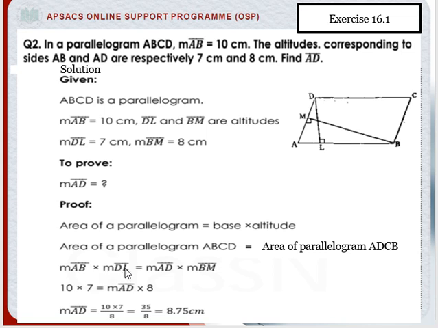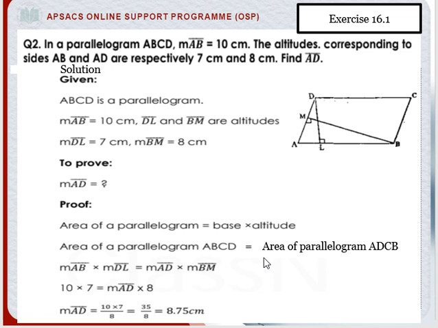We know that the formula of area of a parallelogram is base multiplied by altitude. The base of parallelogram ABCD is measurement AB and the altitude is DL. If we multiply these two measurements, we get the area of parallelogram ABCD.